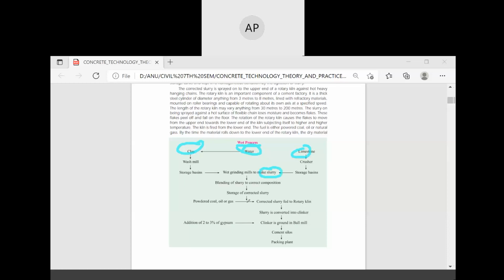After that, burning. Then 2 to 3% of gypsum is added to the clinker in the ground ball mill, then cement silos and packing plant. The slurry is sprayed onto the upper end of the rotary kiln over hot heavy hanging chains.